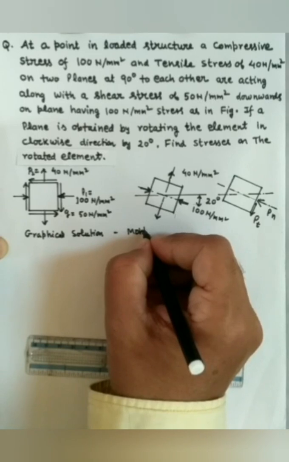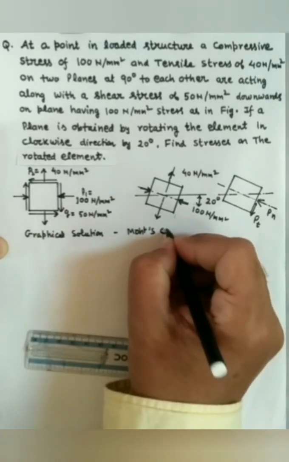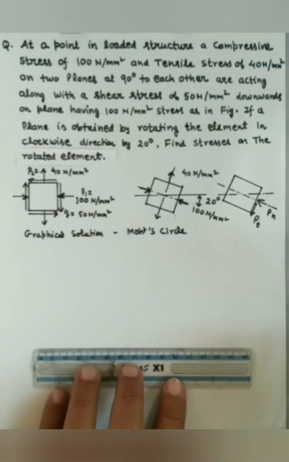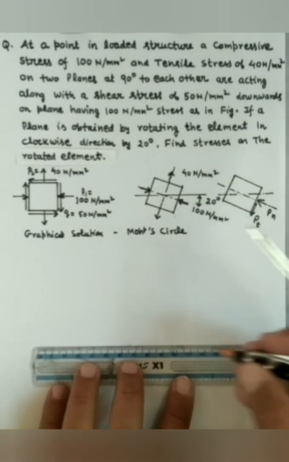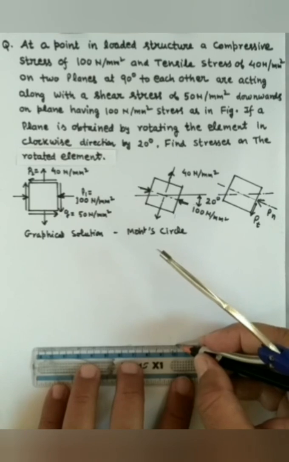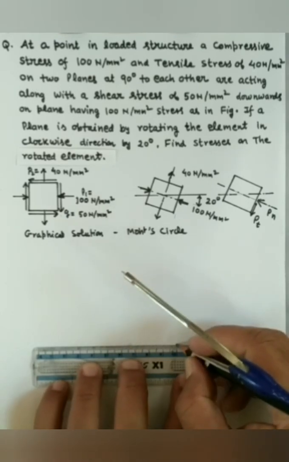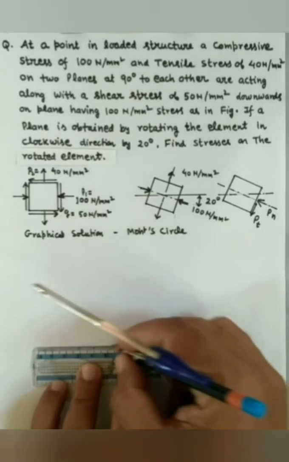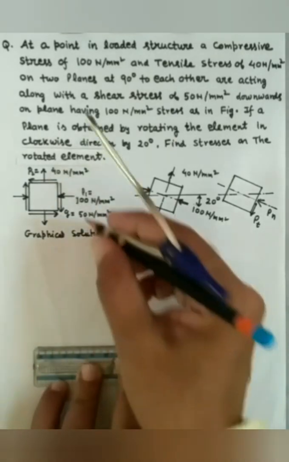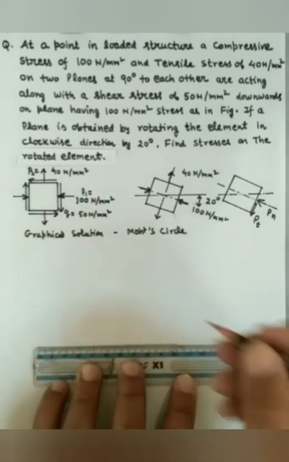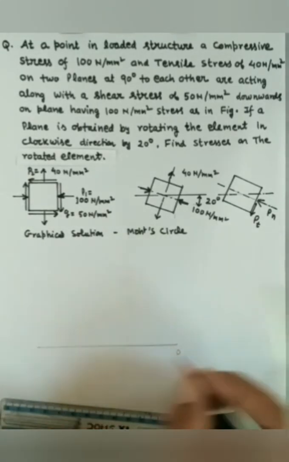So we start with drawing P1 and P2 on the x-axis. Since P1 is negative from the origin, it will be drawn in the minus x direction. So from the origin O in the minus x direction, let us draw a 100 mm line representing the 100 Newton per mm square stress.